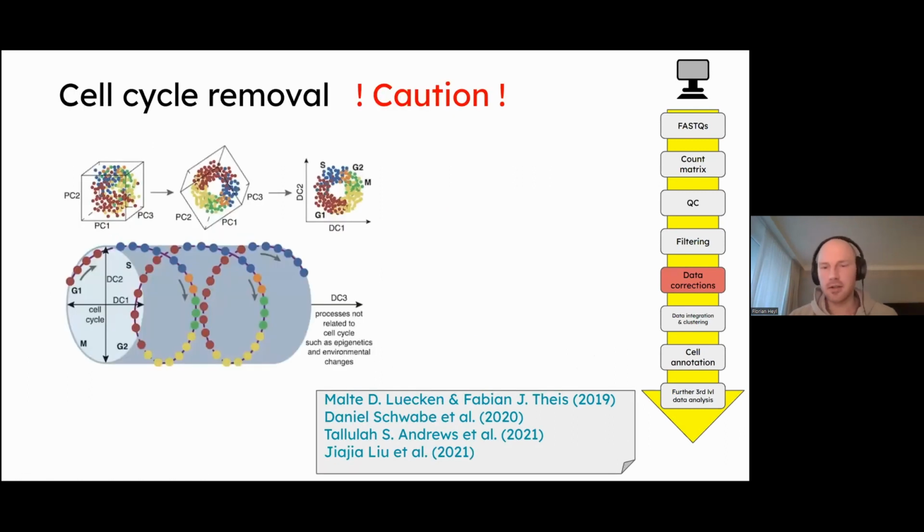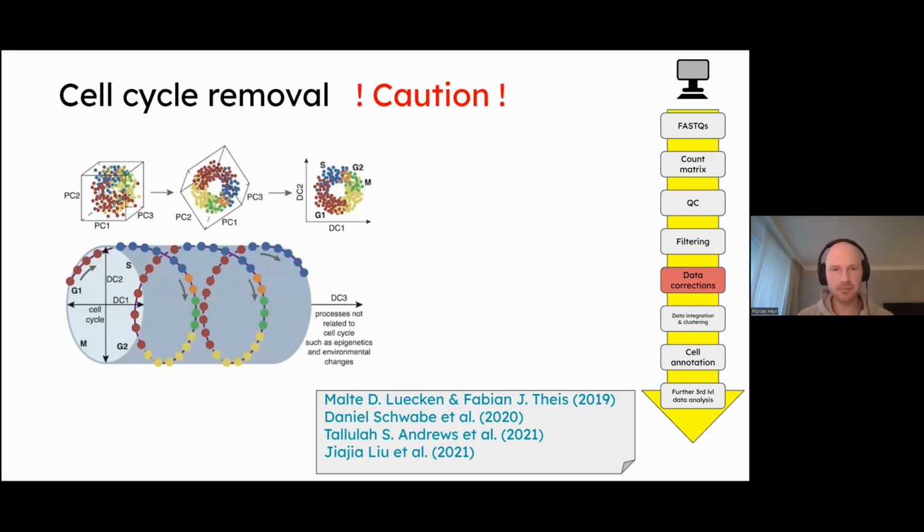And I think that's the last one for data correction, which is cell cycle removal. And here again, use caution. It depends heavily on your biological question. Your cells obviously over time can be in different stages.